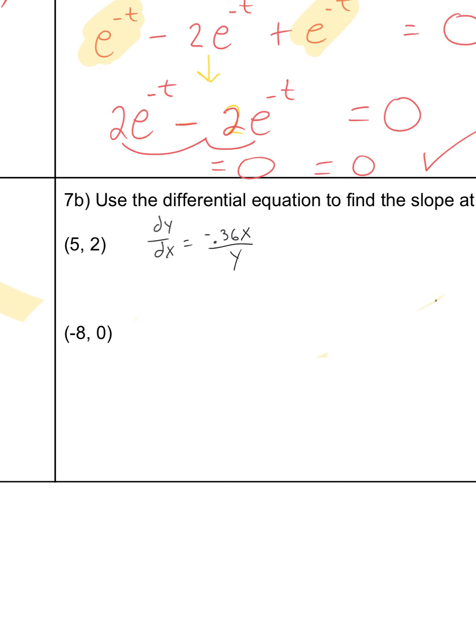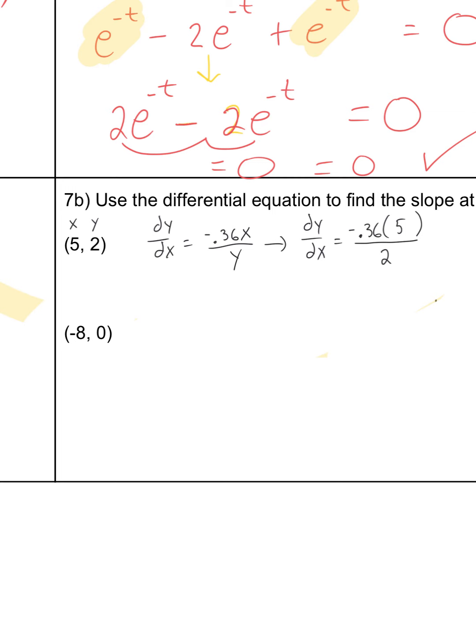So that was our original differential equation. Now we plug in our point. This is my x and this is my y. So I'm going to rewrite this equation. Dy dx is equal to negative 0.36 times my x, which is 5, all over my y, which is 2. So I just plug in my x here and my y here.